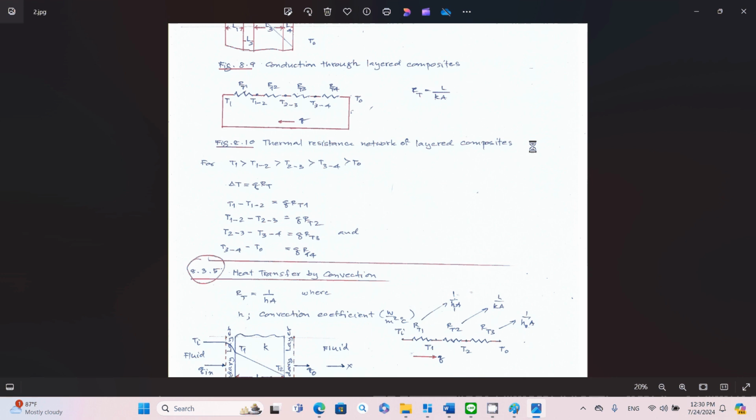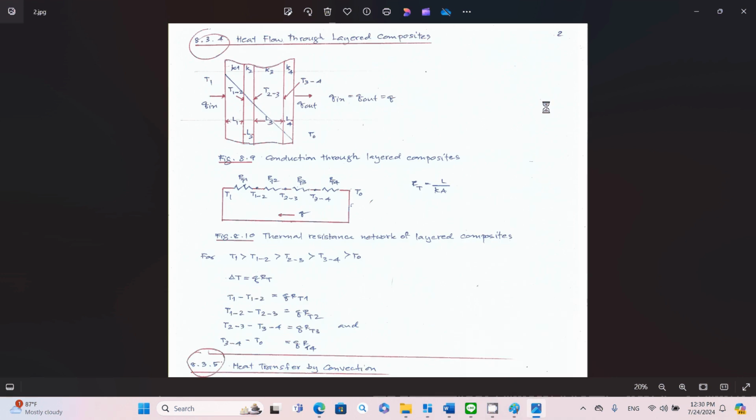Now let's consider the heat flow through layered composites. In this case, you have different types of materials sandwiched together. Okay, the heat transfers from the left to the right. So you have Q in, you have Q out.